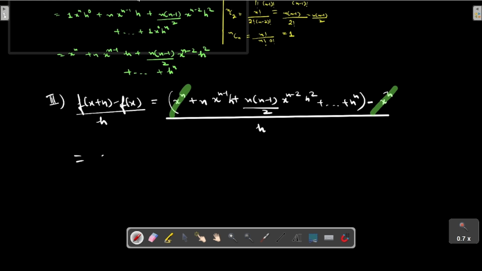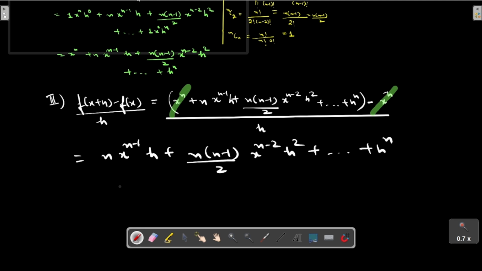Now, what this numerator becomes? n x to the power of n minus 1 h plus n into n minus 1 over 2 x to the power of n minus 2 h square, so on, plus h to the power of n, upon h.